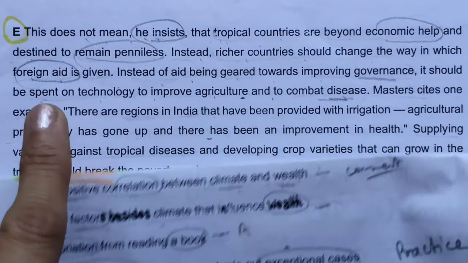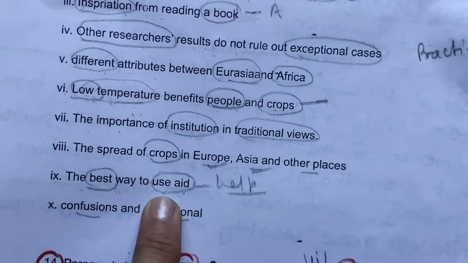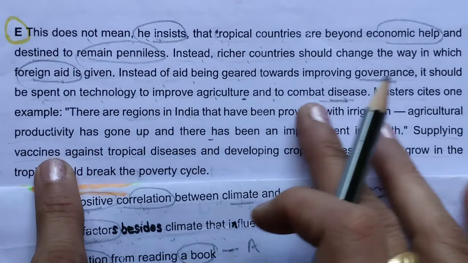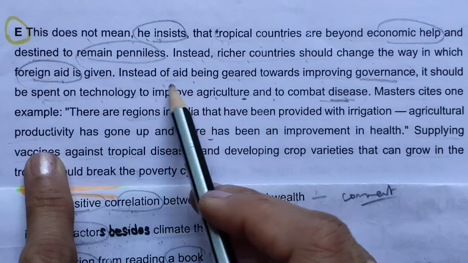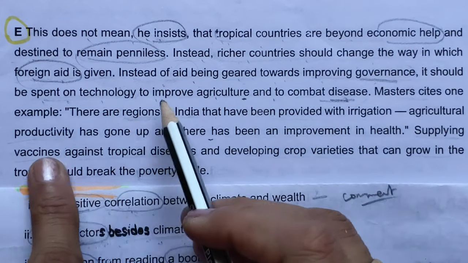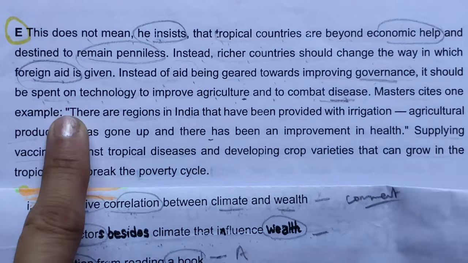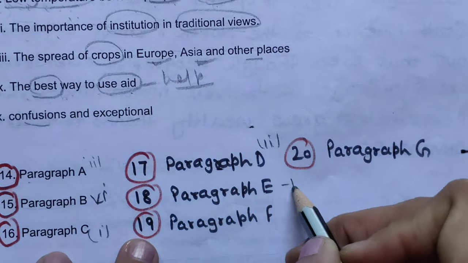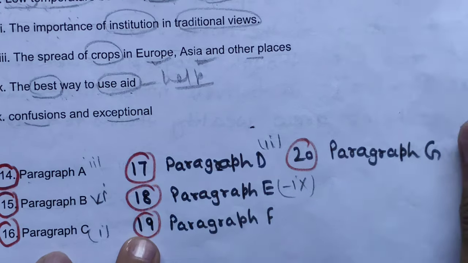See this, they are talking about aid. The best way to use aid. So here with E paragraph we can write 9th number.